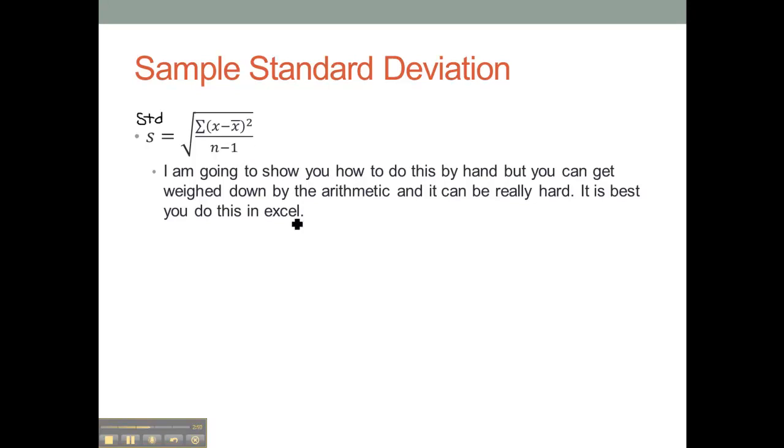I'm going to show you how to do it by hand once, but then there's going to be another video on how to calculate it in Excel. I highly suggest doing this in Excel because you can get bogged down with the arithmetic, especially with larger data sets.